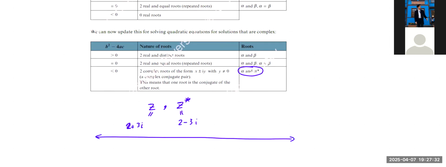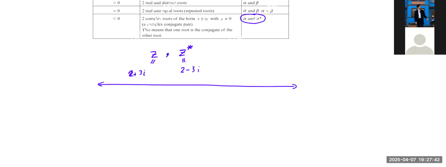What about more general equations? The thing is, there's something called the fundamental theorem of algebra. It states that an nth degree equation has n roots. What does that mean?